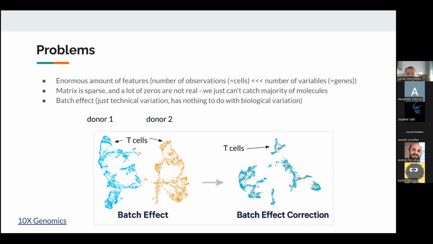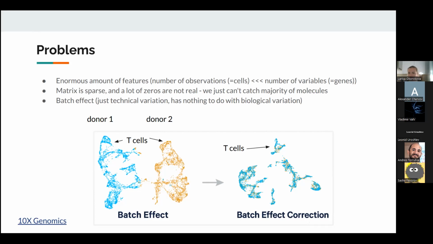In this case, we need to use batch correction algorithms. I would not say that there is a big consensus in the field on which particular algorithm to use, and I actually think that biologists are not very satisfied with the methods currently presented in the field.